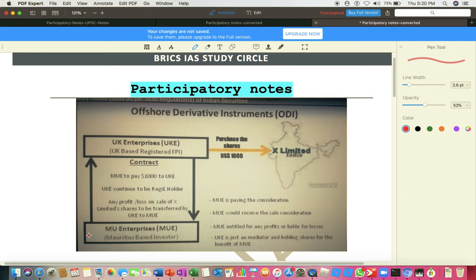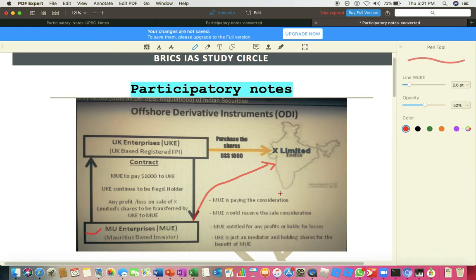I repeat once again, MU Enterprise is willing to invest in X Limited company in India. If it wants to invest in an Indian company, my question is, this is an enterprise which has decided to invest funds in an Indian company called X Limited in my example, so it has to get registered with SEBI.